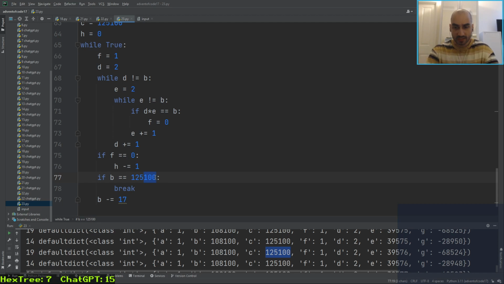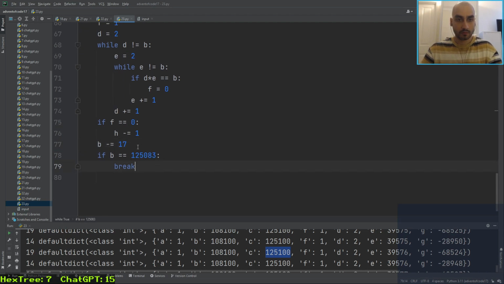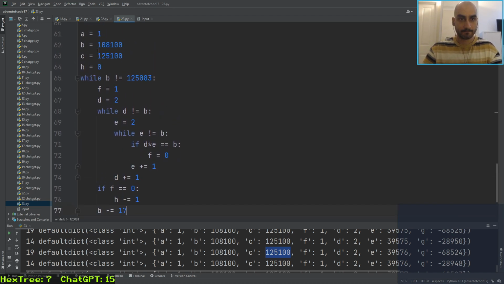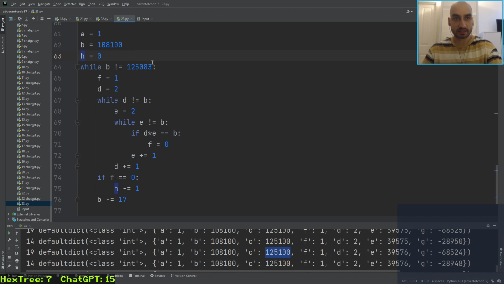Alright, so that's the same as saying if we're at this, and did the subtraction beforehand, then we break. And that lets us do this, while B is not equal to that, do all of this. Okay, so that's simplified. C doesn't matter anymore, we're just using its value.